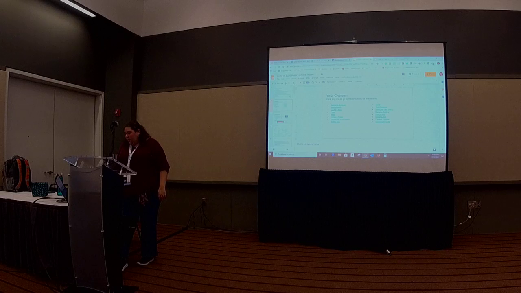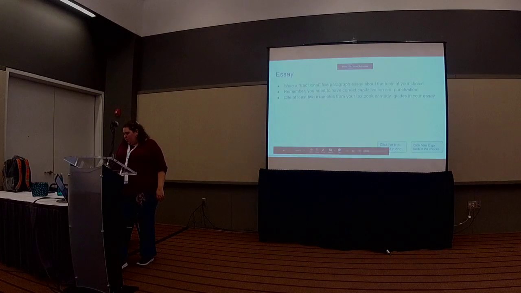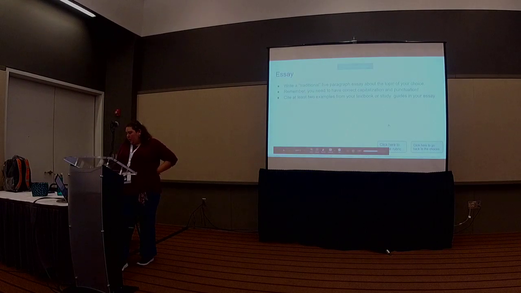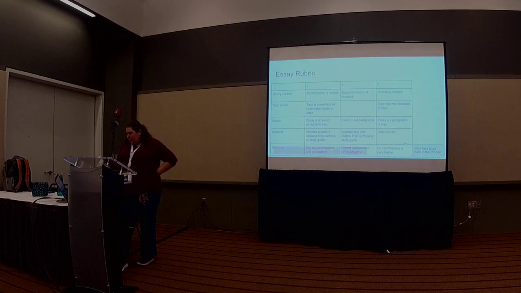Let's just say they want to do an essay. They click on the essay, and it takes them to the slide with the directions. Let's actually put this in present mode. It takes them to the slide with the directions, and then they can click to see the rubric, and if they decide they don't want to do the essay, they can go back to the choices.